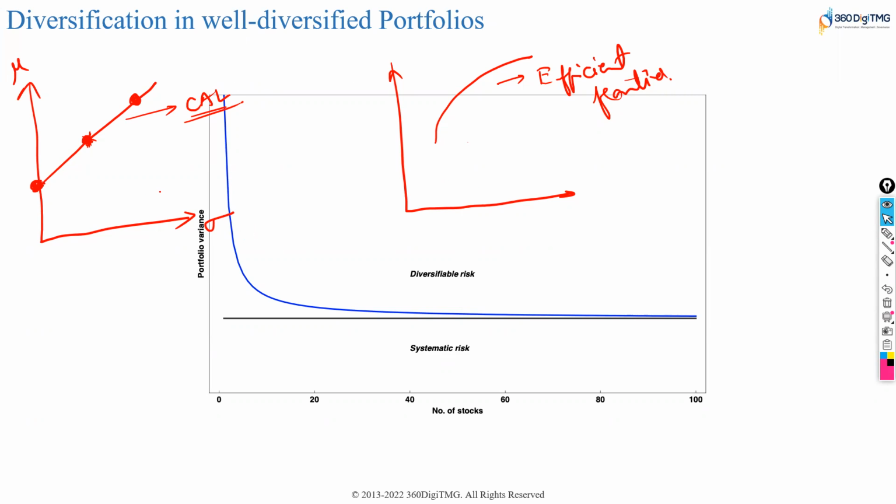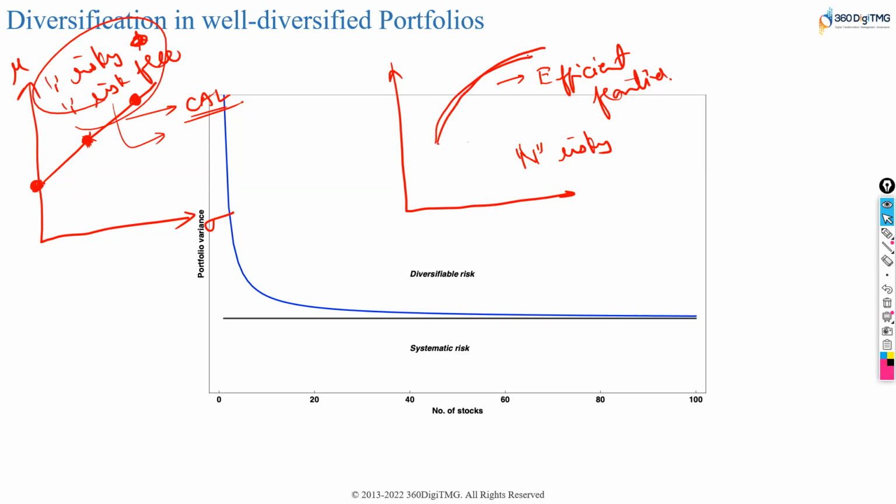Okay, now, if you were to bring in the scenario where you have one risky and one risk-free, you have a CAL. But in scenarios where you have n risky assets, you'll have an efficient frontier like that.